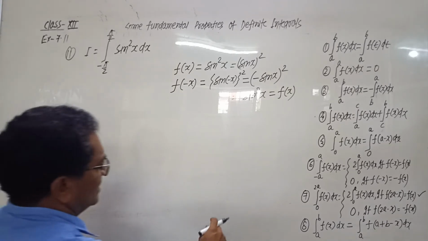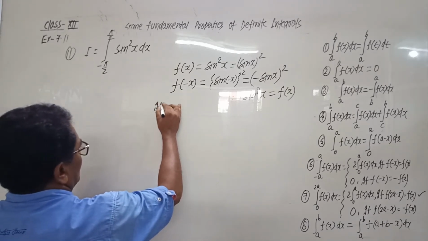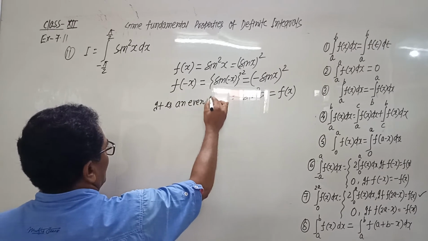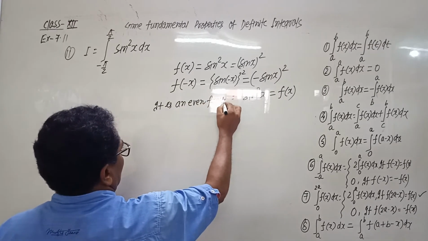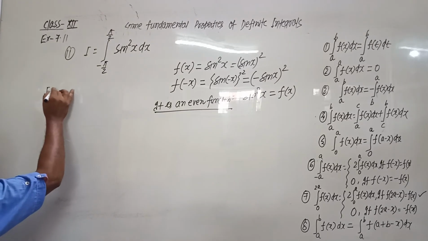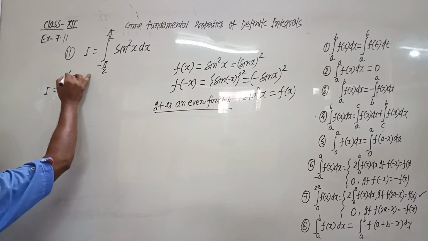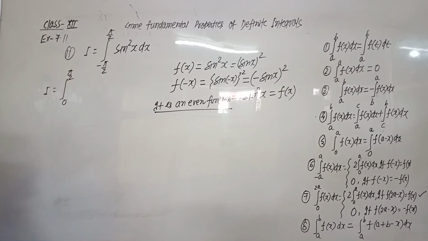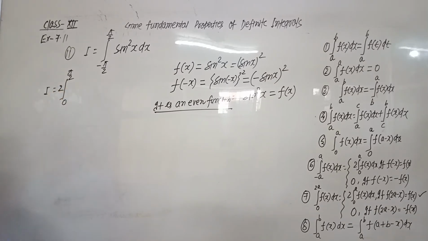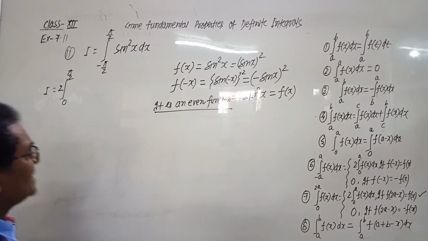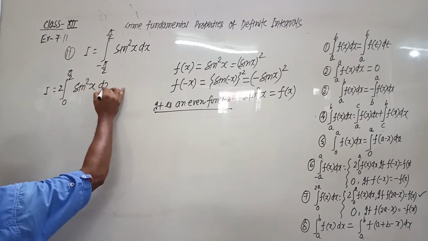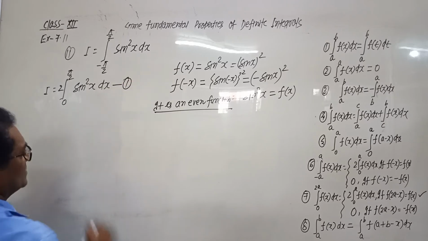So it is an even function, and for an even function we use this property. It is written as 2 times the integral from 0 to pi by 2 of f(x) dx, where f(x) is sin square x and dx. Name it first equation.